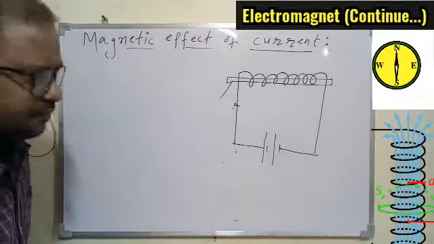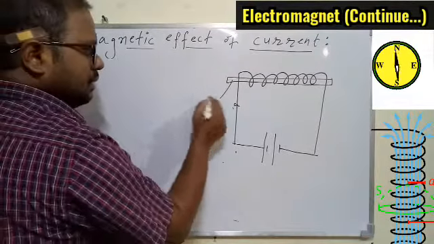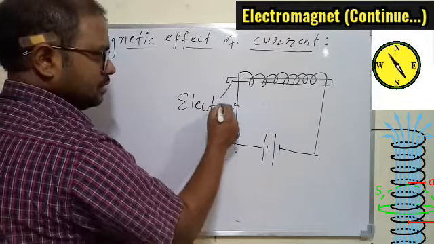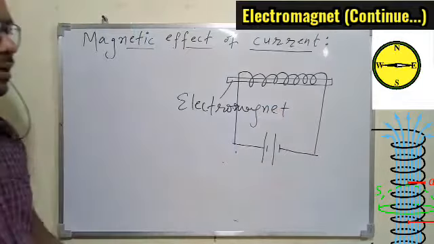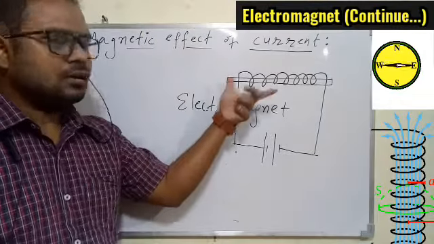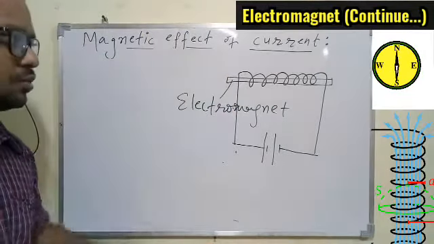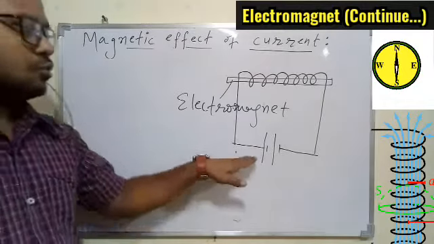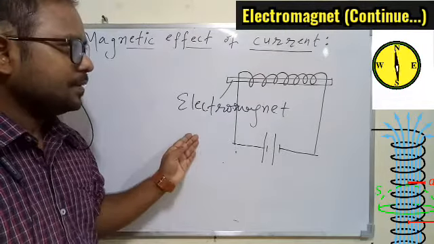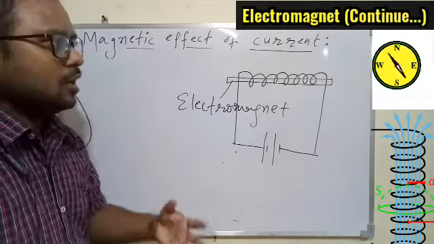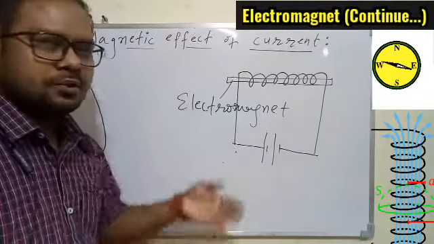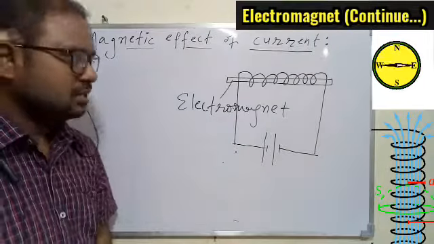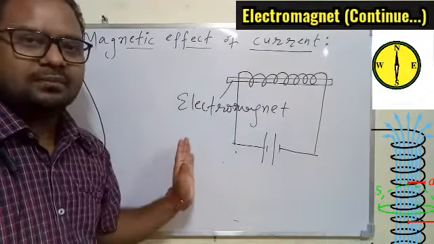Now, since this electromagnet is just because of the magnetic field produced by the solenoid, it is understood that the time we switch off this circuit, what will happen? This solenoid will get demagnetized, because if the current is not flowing through the loop, this cannot behave as a magnet, meaning this solenoid will not behave as a magnet.